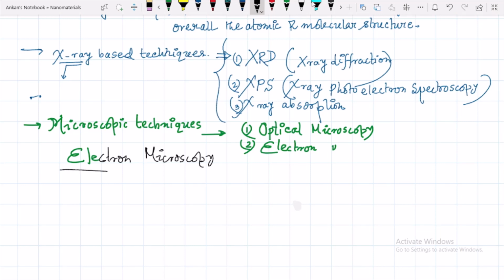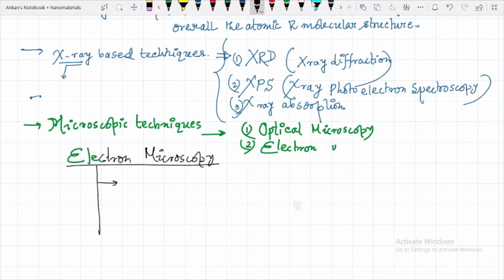Electron microscopy also involves different microscopical techniques. Let us discuss them one by one.